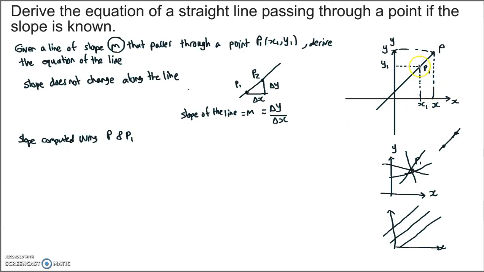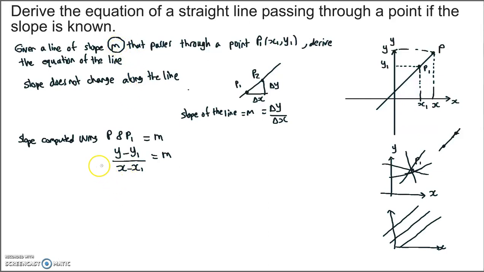We were told that the line passes through that point, and P is a general point with coordinates x and y that lie on the straight line. The slope computed using those 2 points has to equal the slope m that we were given here. So the slope computed using P and P1 is y minus y1, the difference in the y coordinates between P and P1, divided by the difference in the x coordinates, which is x minus x1, and that equals the slope m that we were given.